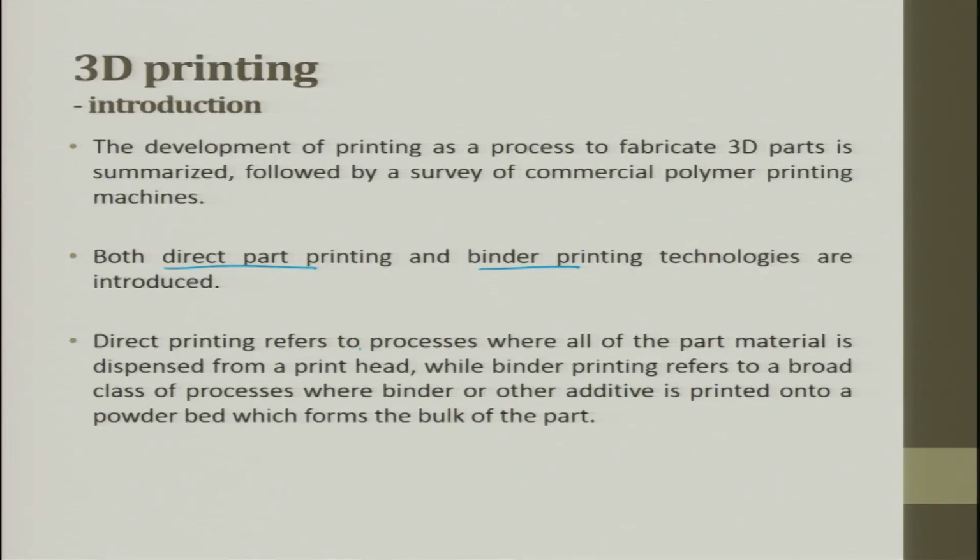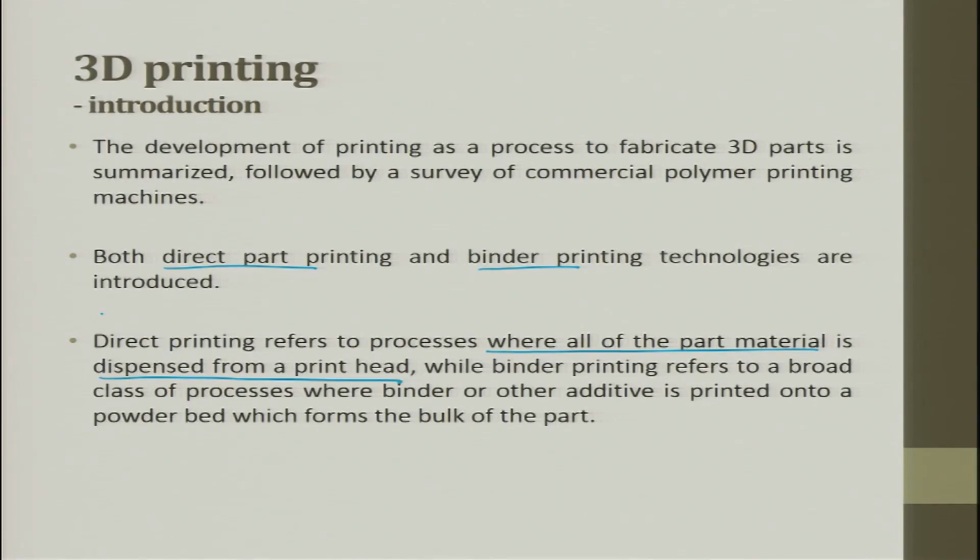Direct printing refers to processes where all the part material is dispensed from a printing head, while binder printing refers to a broad class of processes where binder or other additive is printed. So, in direct part printing, all the part material is dispensed through a printing head.